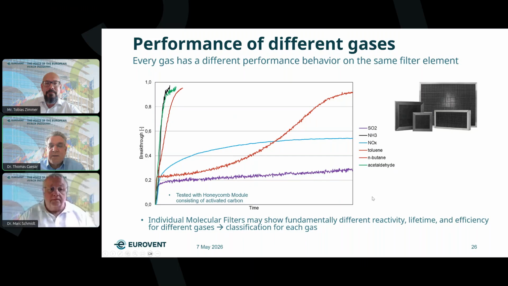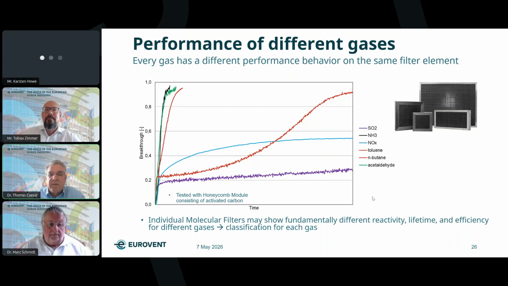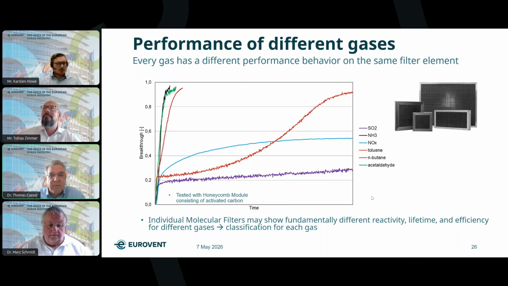You can see in this example, at the bottom, there is SO2 with quite a high efficiency and long lifetime. There is only a small breakthrough after quite some time.